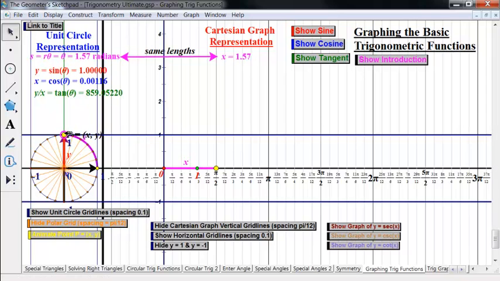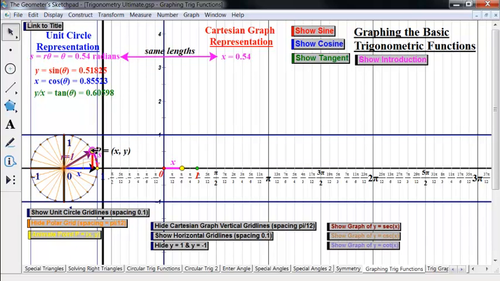6 pi over 12 is pi over 2. 7 pi over 12. 8 pi over 12, which is 2 pi over 3. 9 pi over 12, which is 3 pi over 4. 10 pi over 12, which is 5 pi over 6. 11 pi over 12, and then pi, 12 pi over 12, or pi, and so forth. Notice that this includes a lot of our special angles.